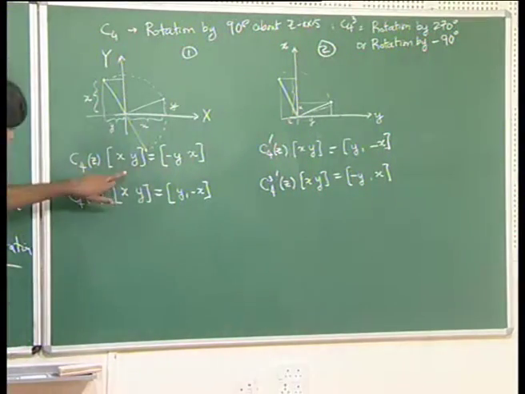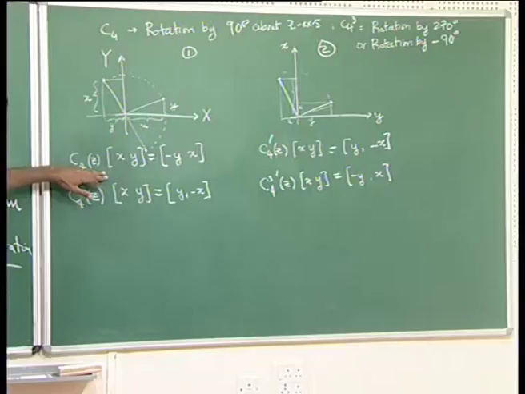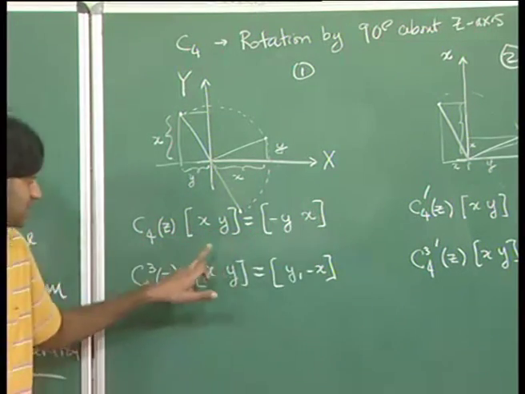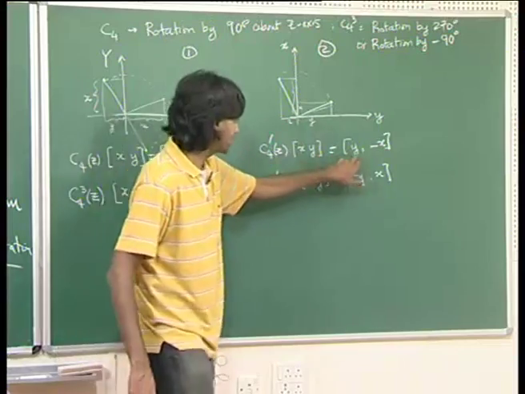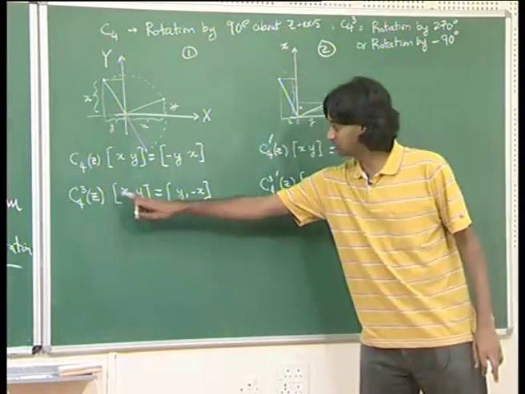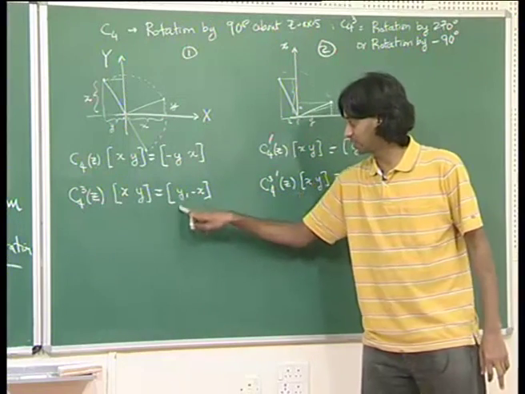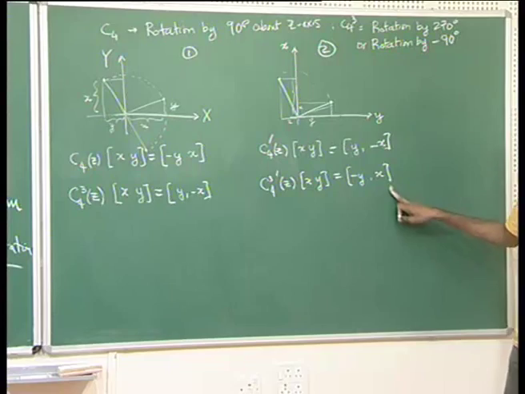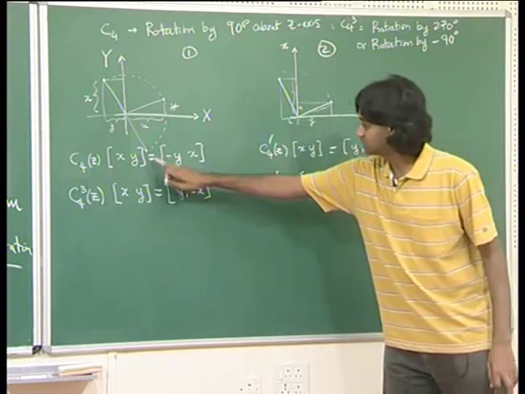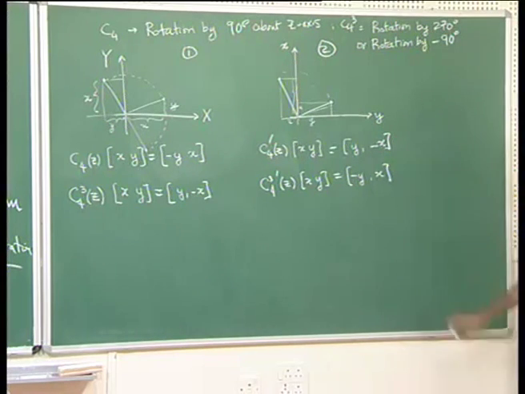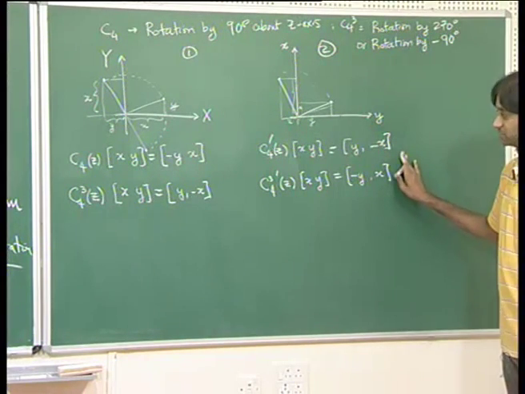So here we see the same C4 operation in this coordinate system takes x y to minus y x, whereas in this coordinate system x y to y minus x. Similarly, C4 cube in this coordinate system takes x y to y minus x, and in this coordinate system it takes it to minus y x. So you can see that C4 and C4 cube are interchanged. The effect of these two operations is interchanged in this new coordinate system.